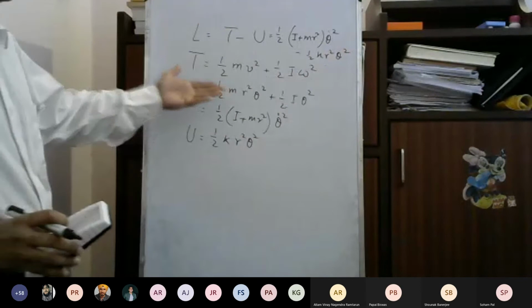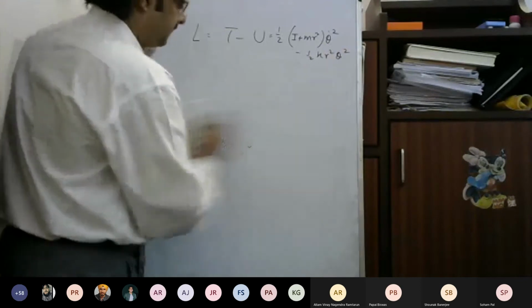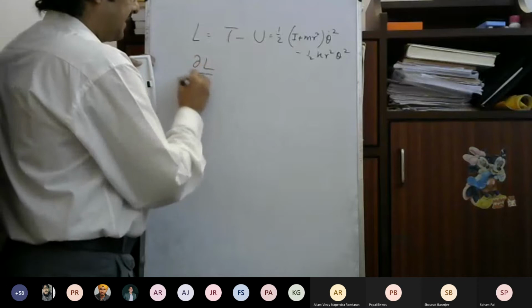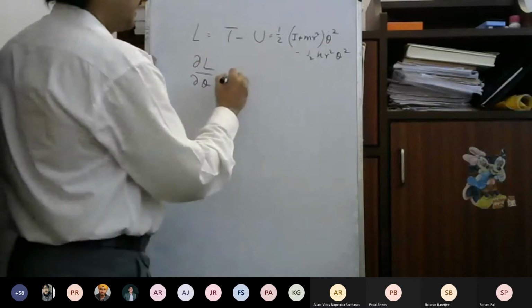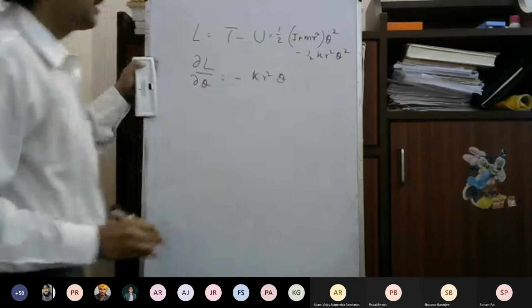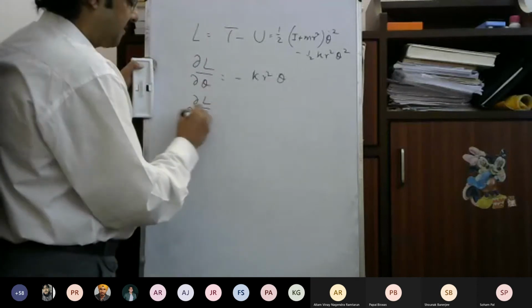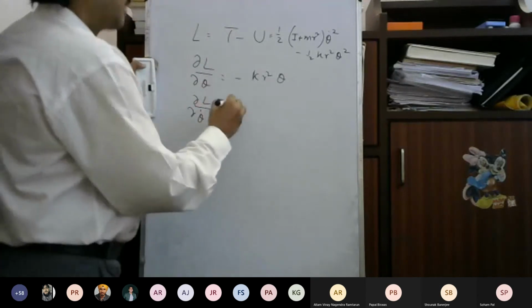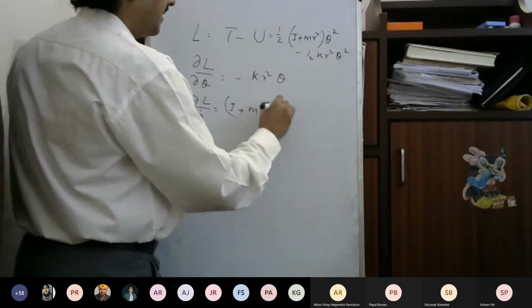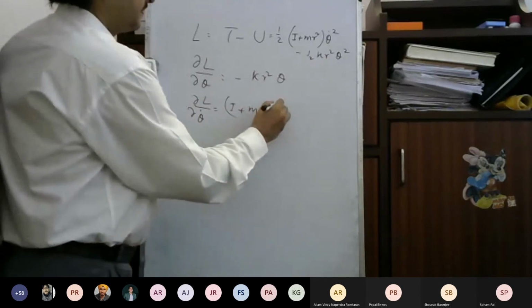Then I have to consider del L del theta, which in this case is minus k r square theta, and del L del theta dot, which is equal to (I plus mr square) theta dot.